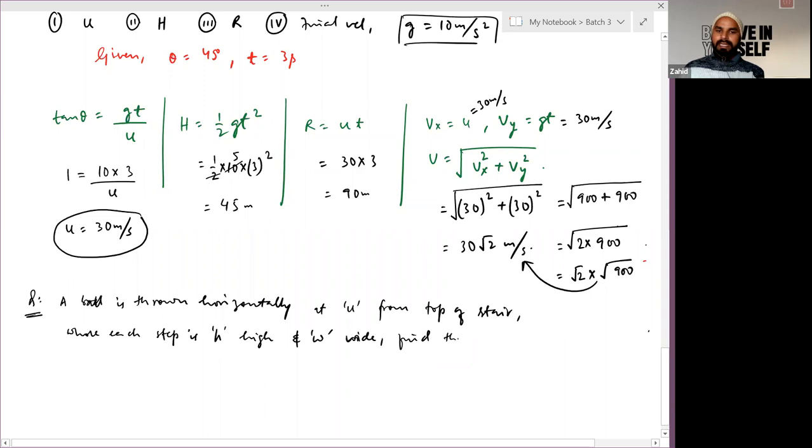Find the nth step on which it will hit again.